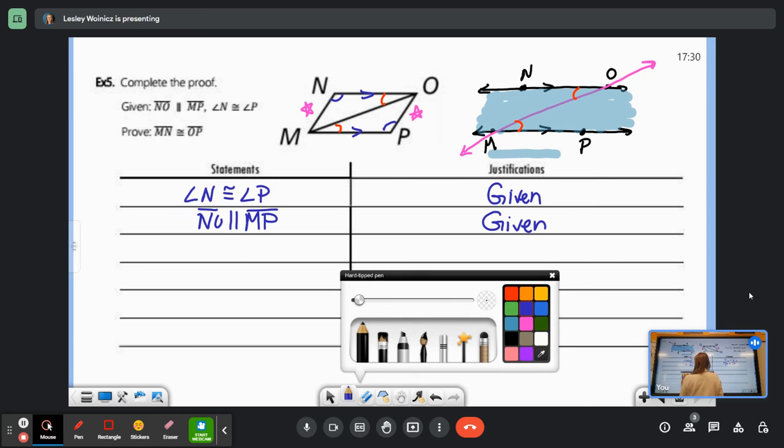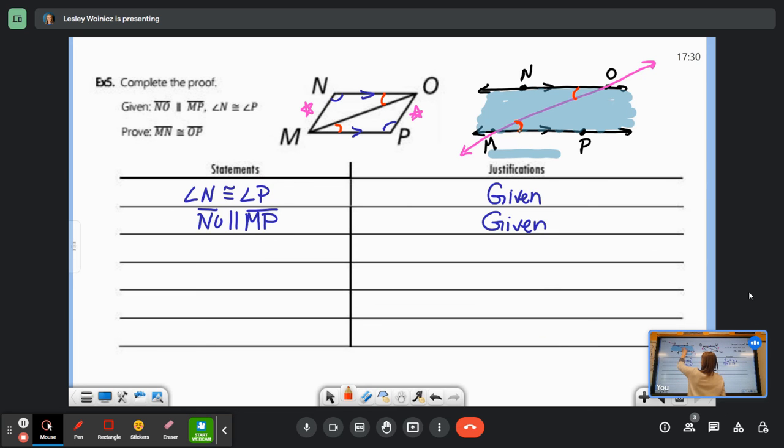Now, because of those parallel lines, I have these alternate interior angles that are congruent. So this set of parallel lines gives me angle OMP is congruent to angle MON. And that is because of the alternate interior angles theorem.